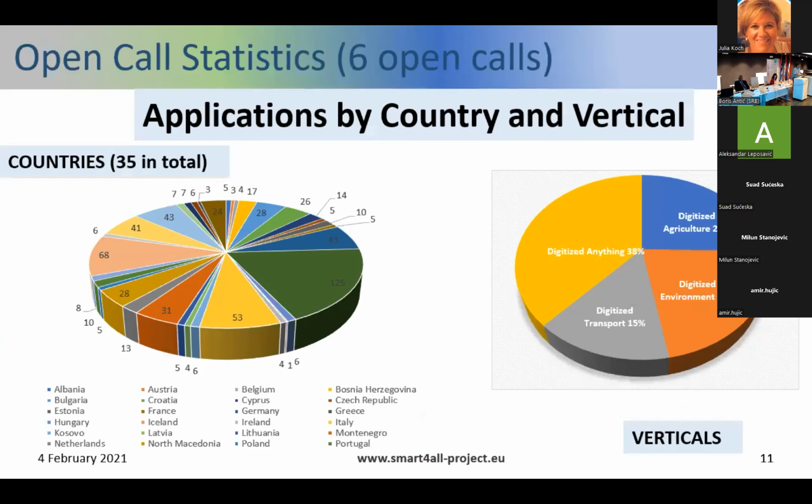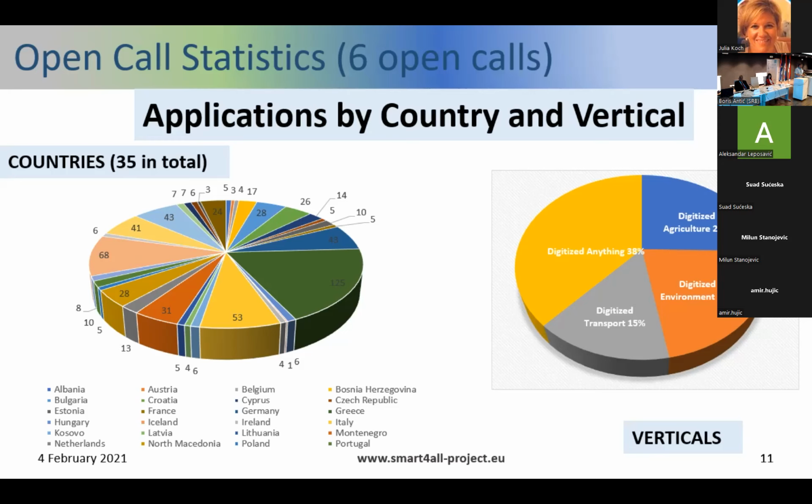Let's have an overview of some statistics. So far, we have released 6 open calls. 30 partners from 35 different countries have already applied. And as you can see from the pie chart, most of the countries from South and Eastern Europe, one way or another, are represented in consortia.